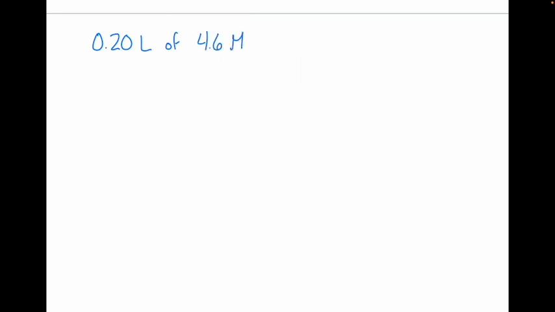All right, so if my equivalence point was 0.15 liters, let's say that we've gone all the way to 0.2 liters of our 4.6 molar HCl has been added.